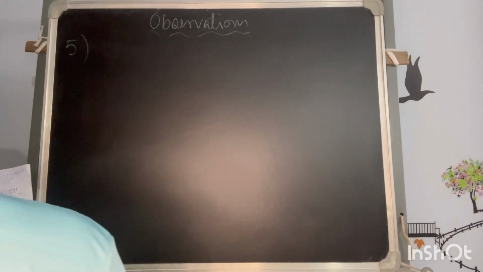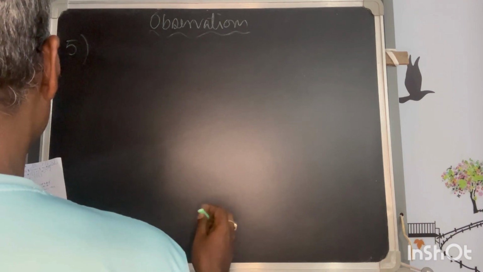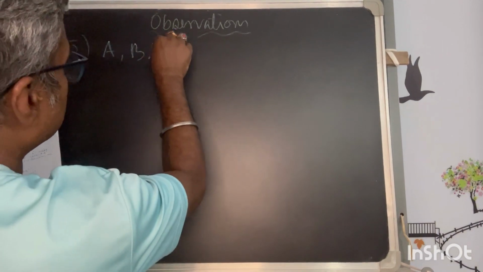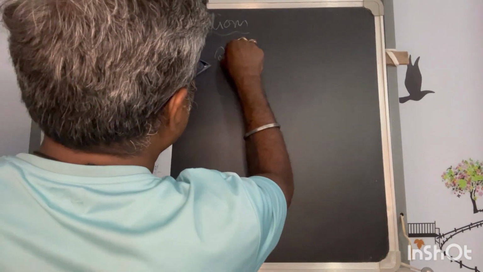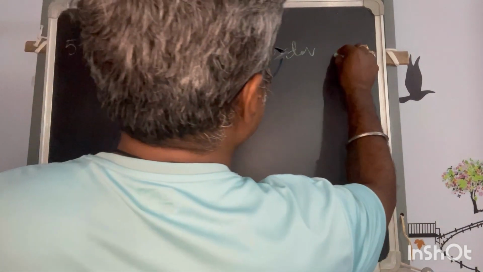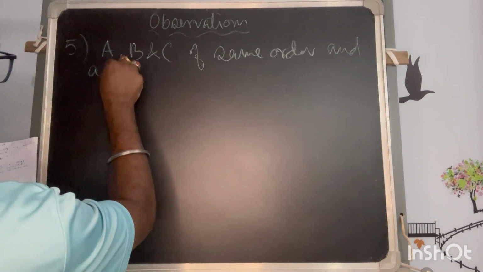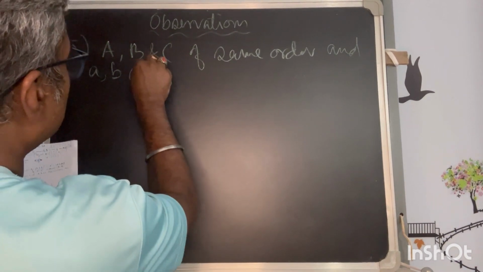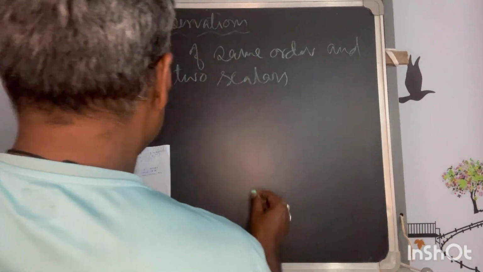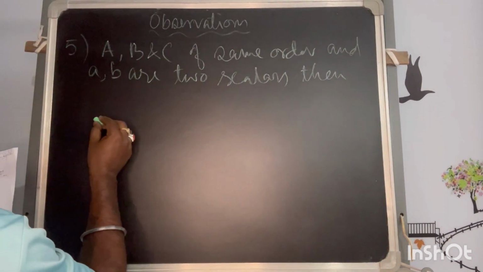If A, B, C are matrices of the same order and a, b are two scalars, so what I am saying is there are three matrices of the same order, and the elements a and b, small a, small b, are two scalars, then what is that?